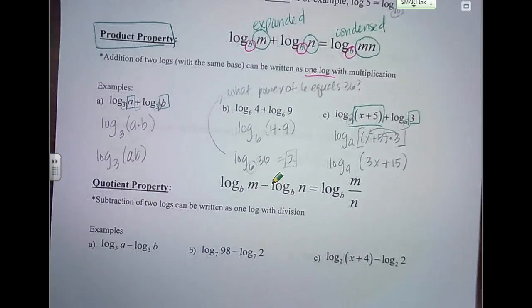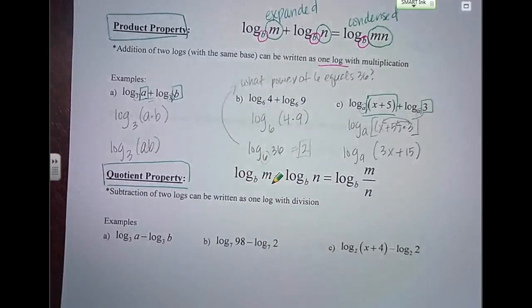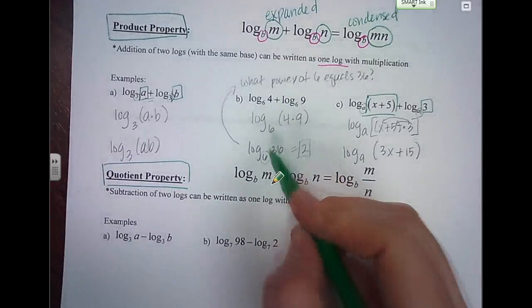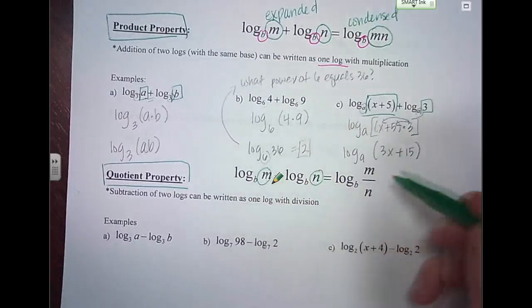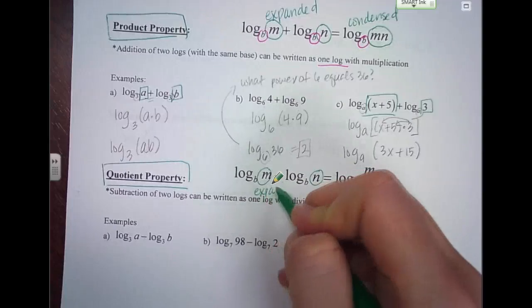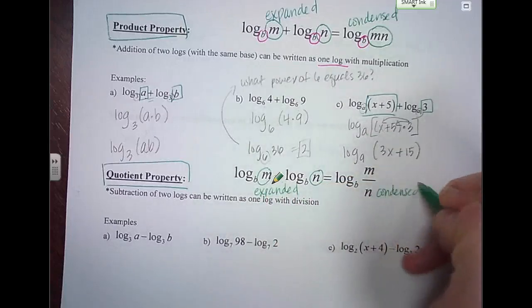Our second property is the quotient property. The quotient property says that if I have log of something minus log of something, I can divide those. Again, this is your expanded form, and this is your condensed form.